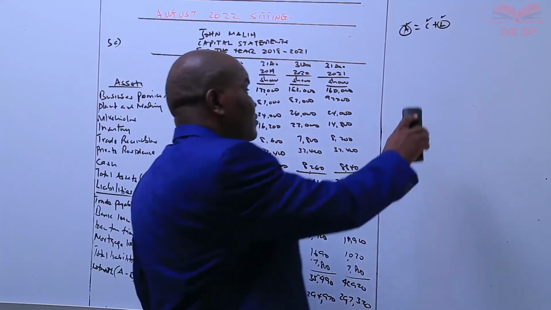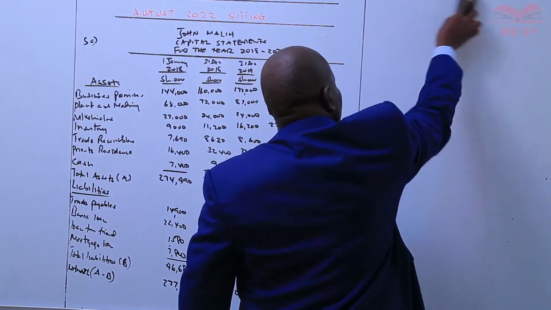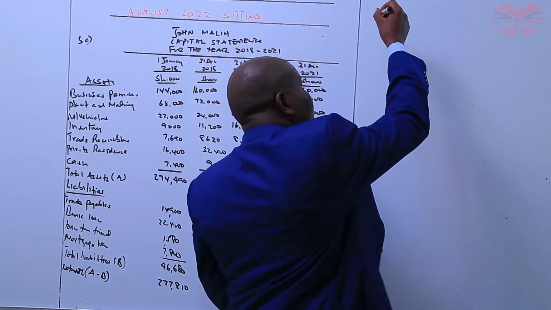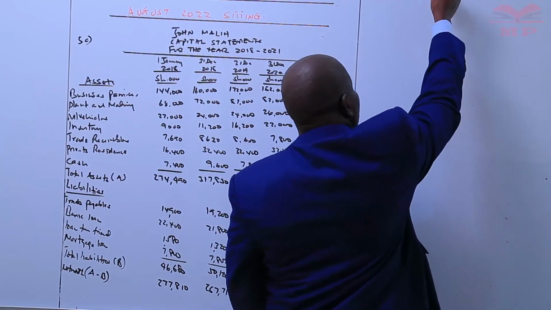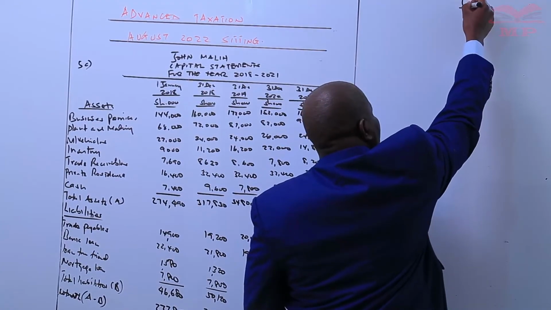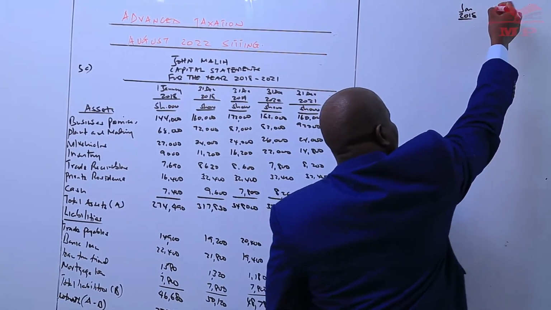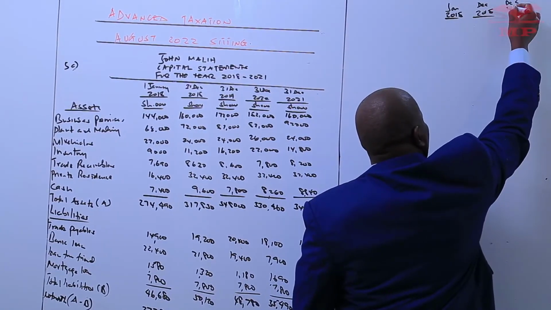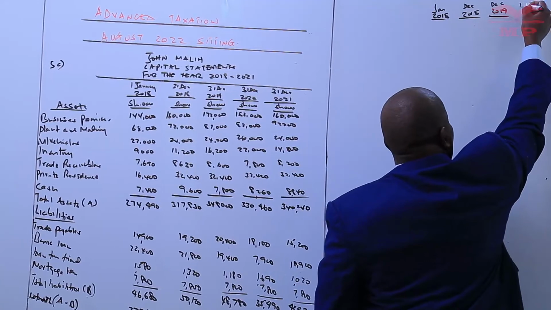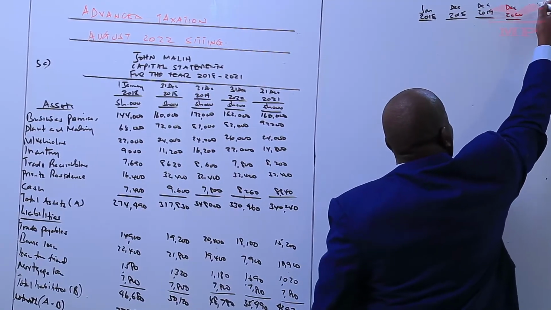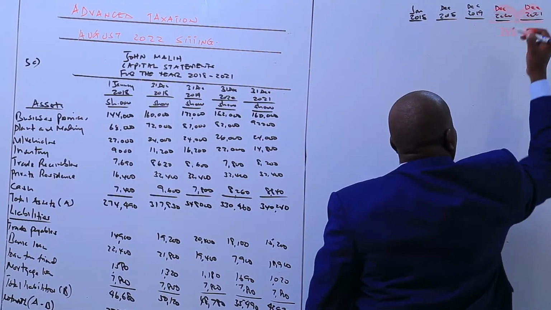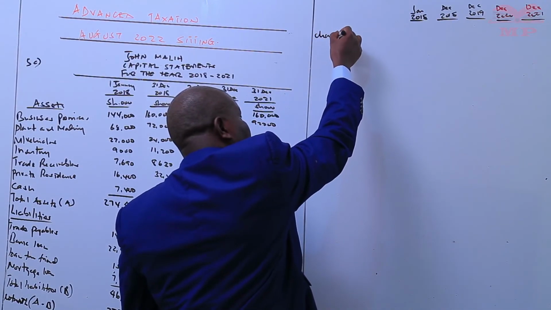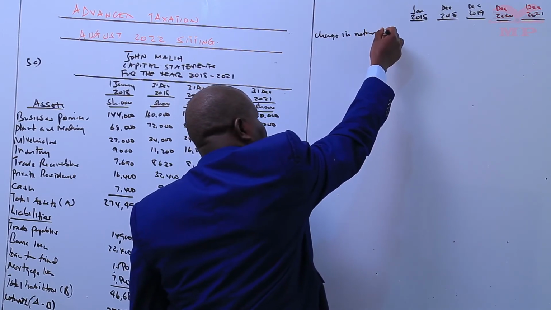The next step now is to get what we call change in net worth. We have January 2018, December 2018, December 2019, December 2020, and December 2021. Change in net worth is change in capital.